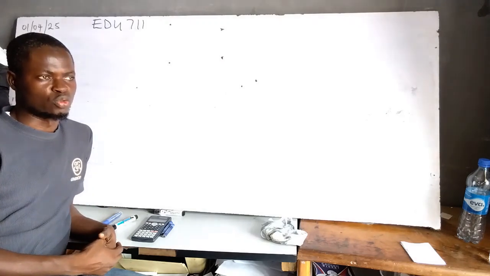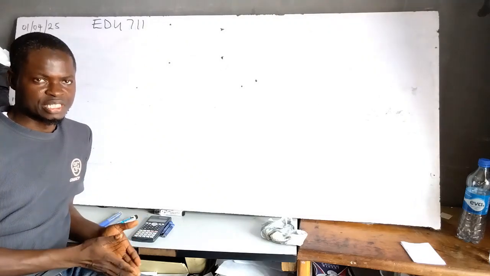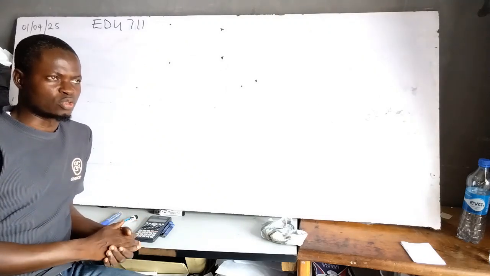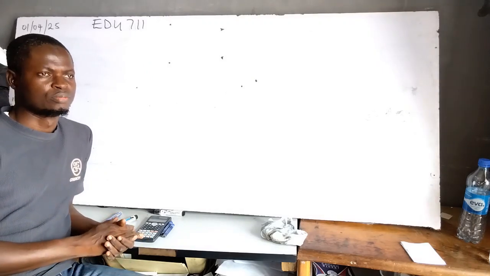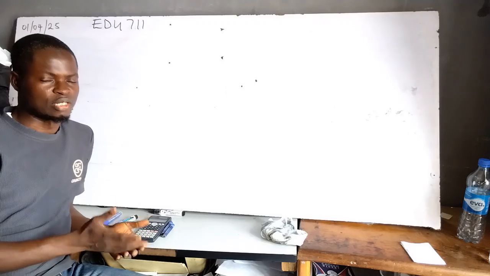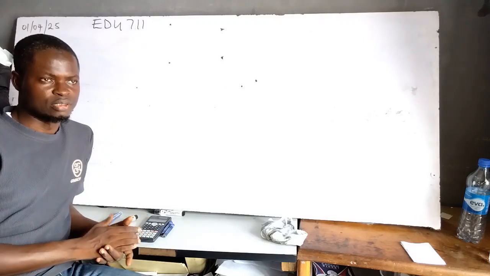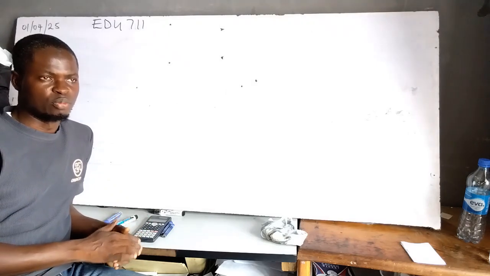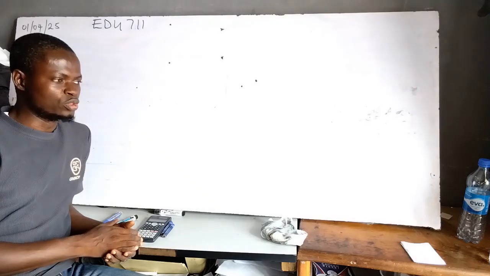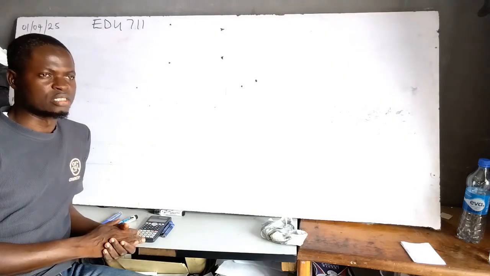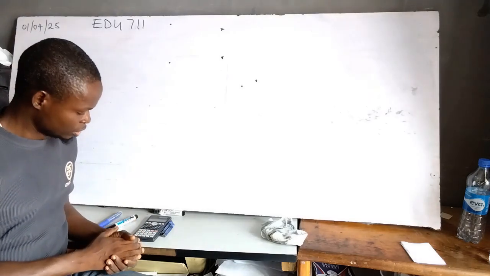How are we sure that this particular question should be solved with t-test, or this particular question should be solved with correlation, majorly t-test and correlation? Chi-square, there's no really any bone of contention on chi-square. So how do we make sure that we use the appropriate method?